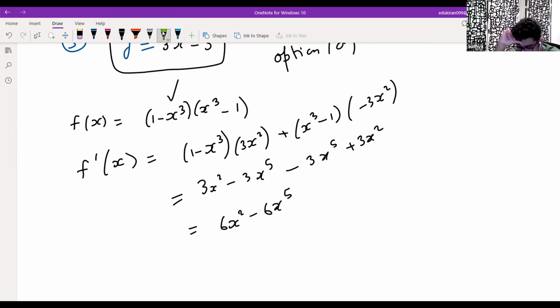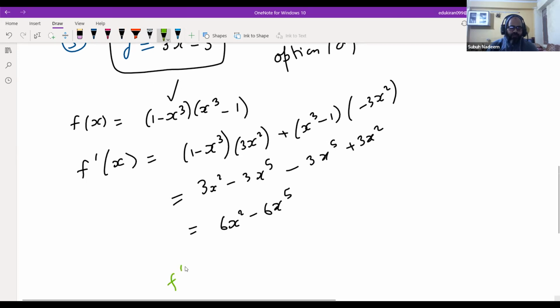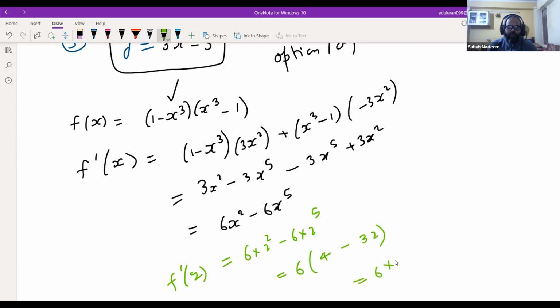Now put x is equal to 2. This will be 6 into 2 square minus 6 into 2 to the power 5. You can in fact take 6 common. So 2 square is 4, 2 to the power 5 is 32. So this will be 6 into minus 28, so this will be minus 168. That is correct. You have got minus 168 is the value which you are getting now. Yeah, that's what I got.